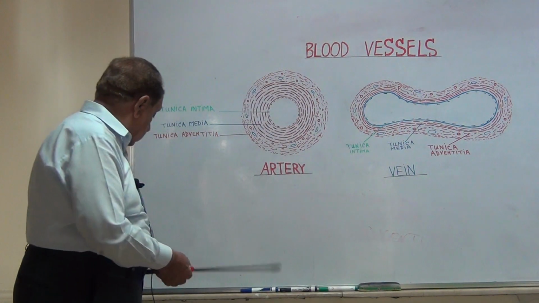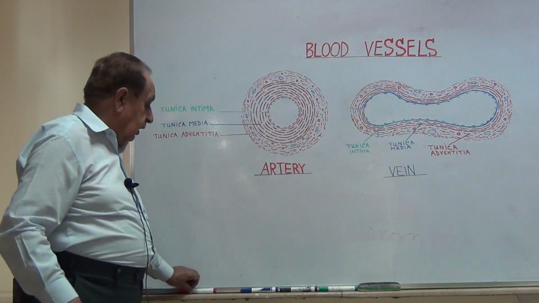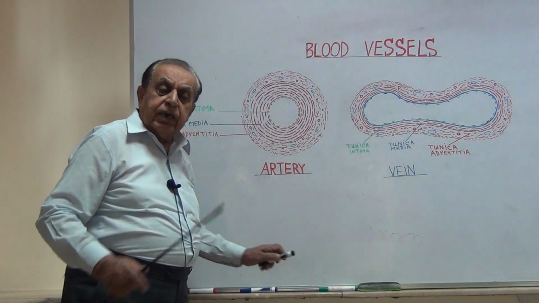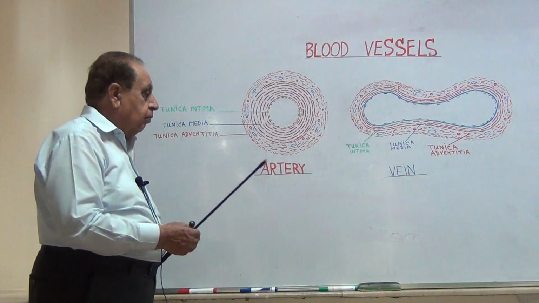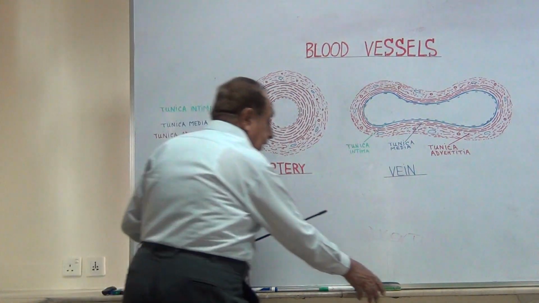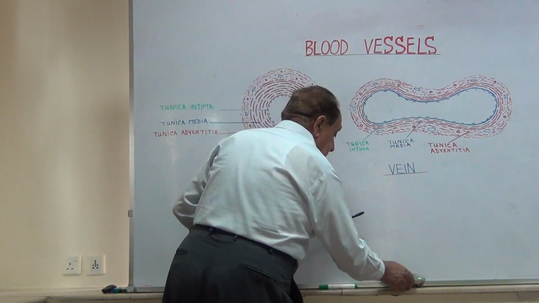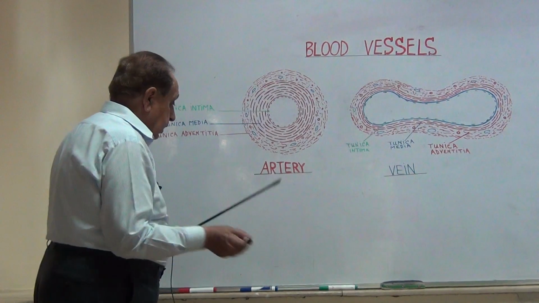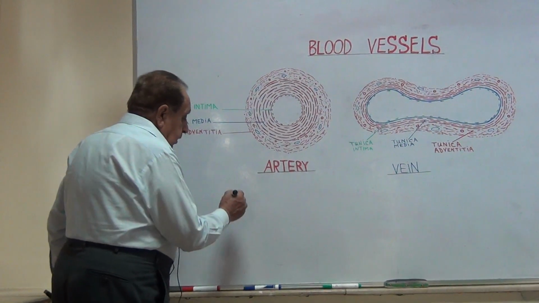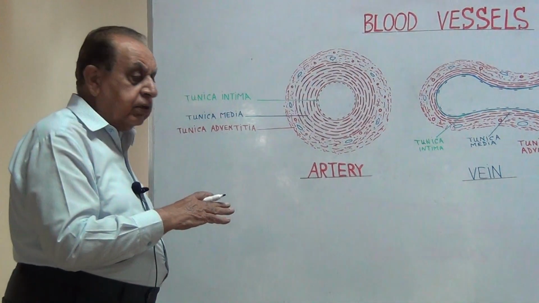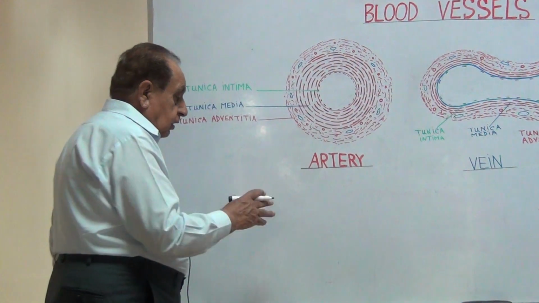Now, briefly about the capillaries. These capillaries are anastomosing branches of the arteries.